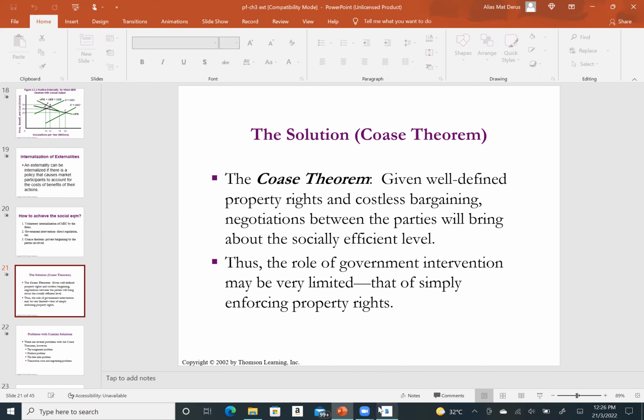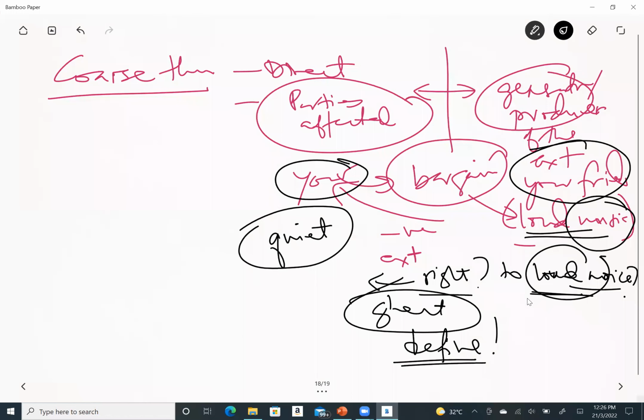So if I go by this example, the government may have a law giving the right to your friend to produce loud music, or they may make a law giving the right to people to have quiet. The question here is only what? Well defined. So it doesn't matter.